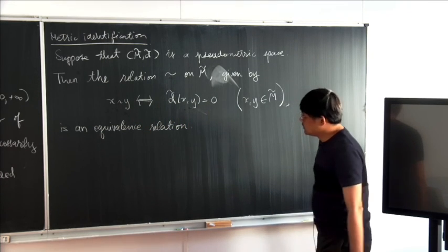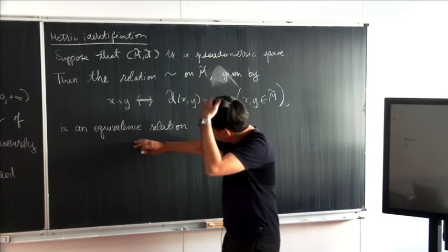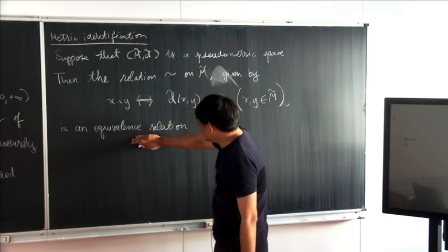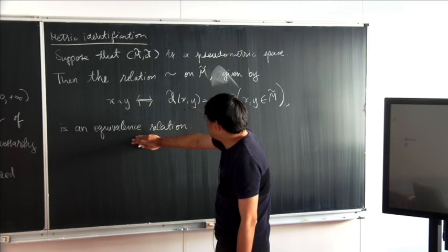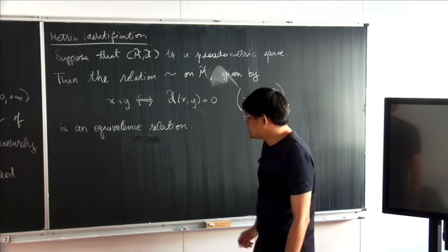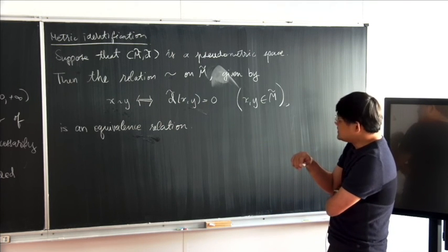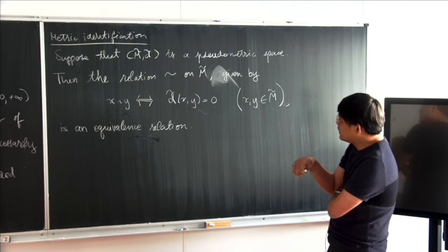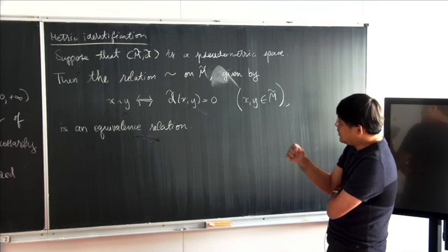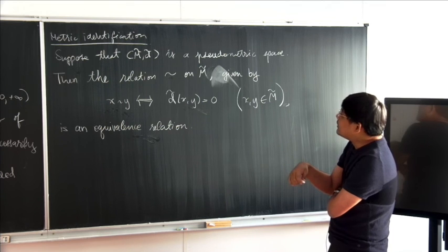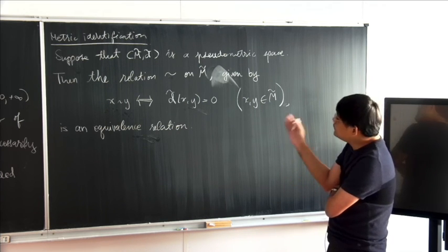Equivalence relation means this relation is reflexive, it's symmetric, and it satisfies the transitivity condition. Reflexivity comes from a property of a pseudometric.